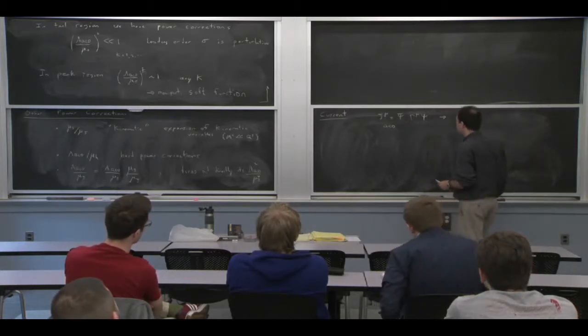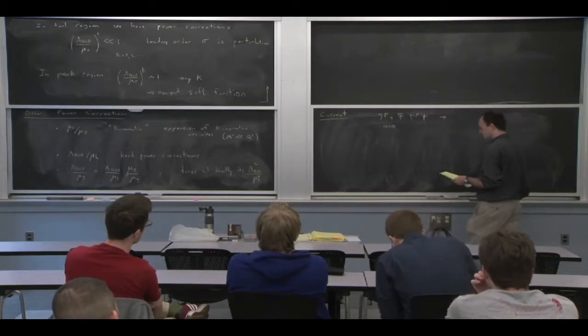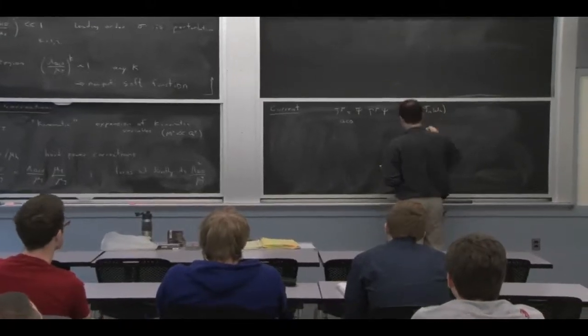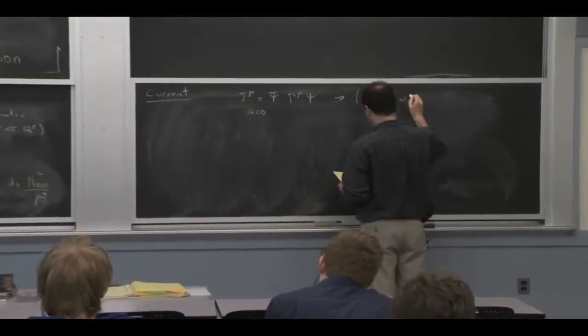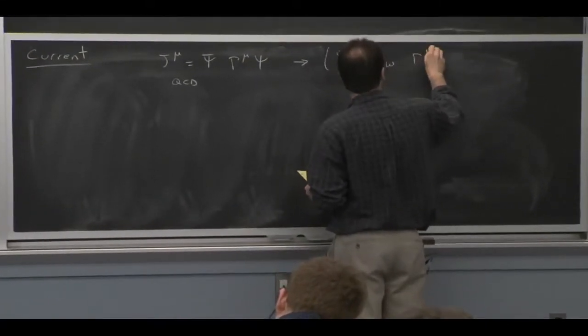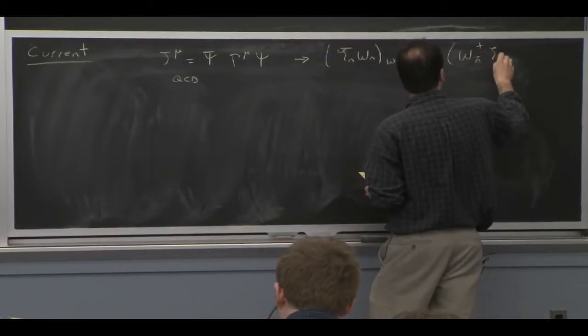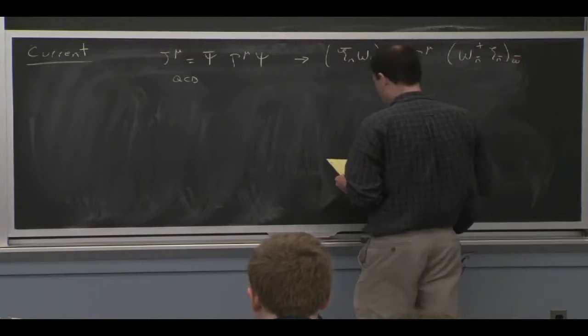So we've already done this. The current that has a psi bar psi gets matched in SCET onto something with two Wilson lines. There's a label. There's another label.